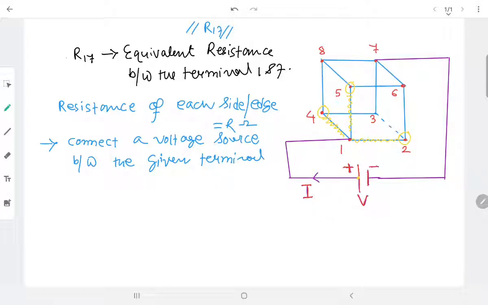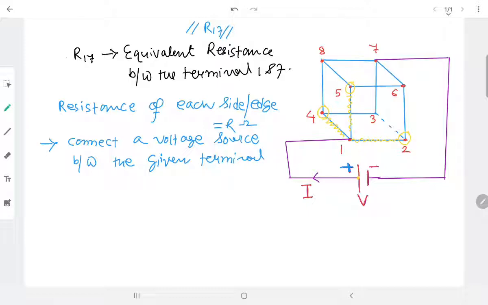In this question, our target is to find out the equivalent resistance between the corner points 1 and 7. Okay, that's why in the diagram, as you can see here, I have connected a voltage source between the 1 and 7 terminal.